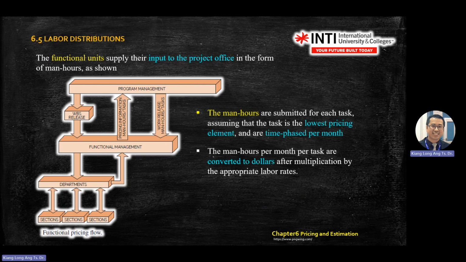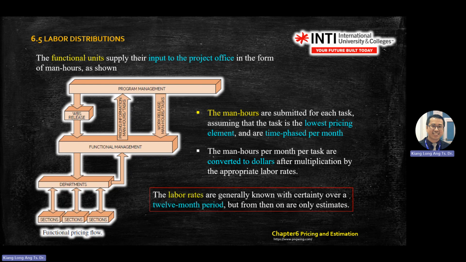So man hours, they submit for each task. Assuming that the task is the lowest pricing element, there are time frames per month. Then the man hours per month per task are converted into dollars or ringgit Malaysia after multiplication by the appropriate labor rates. This man hours is important when we have construction projects or very big projects where you need to use some expert, for example, a welder. What are the total hours you need for that project, right? Because you're being charged per hour.